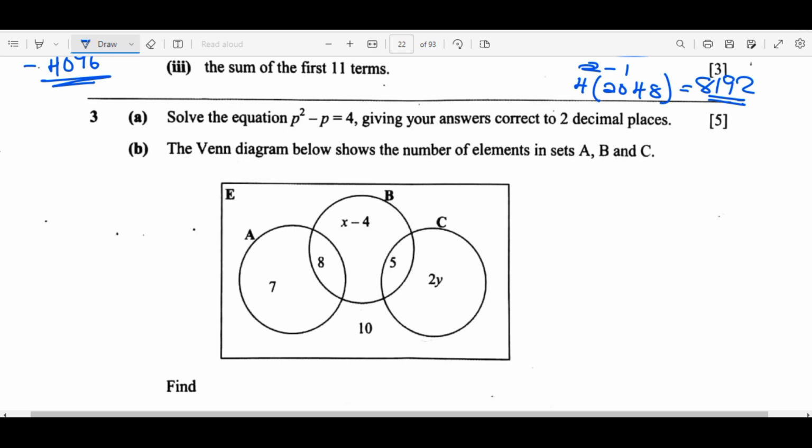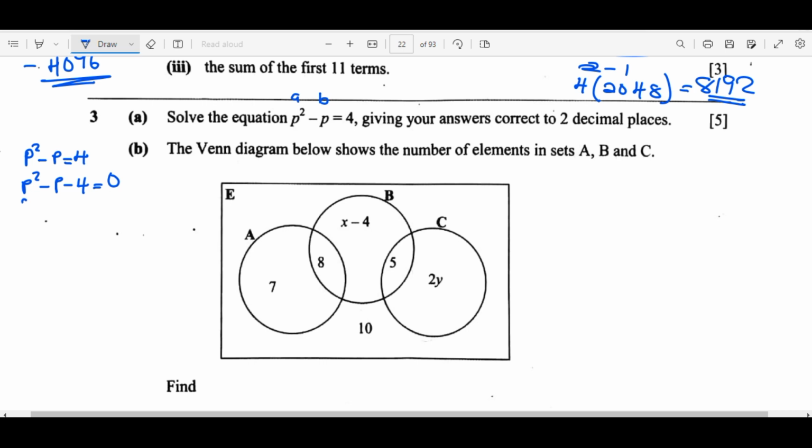In this case, we're going to say this is a, and then we have b, and then we have c, which we don't have. So we're going to say p squared minus p is equal to 4. Now this 4 will come to this side, so it will be minus 4 is equal to 0.